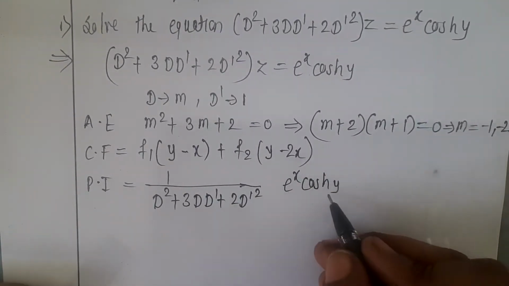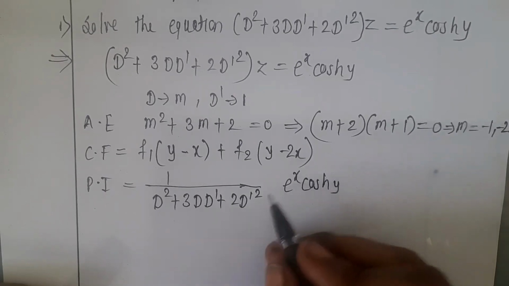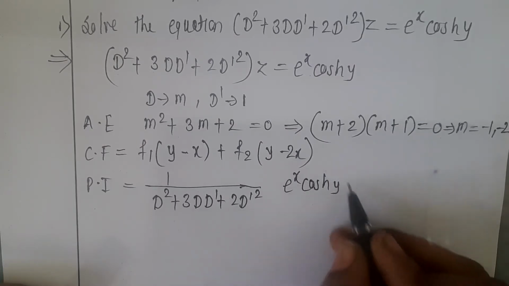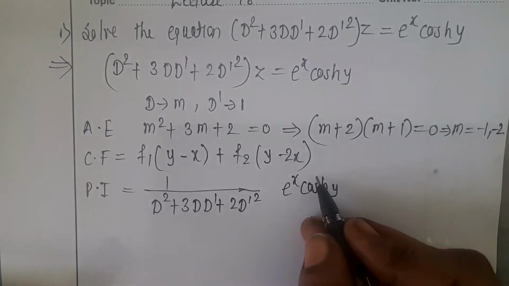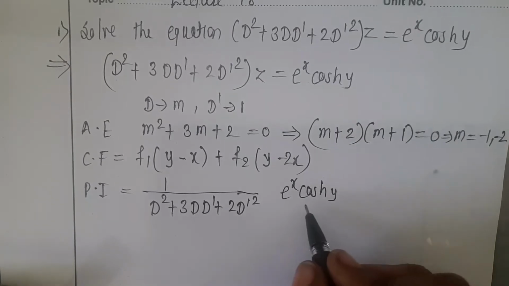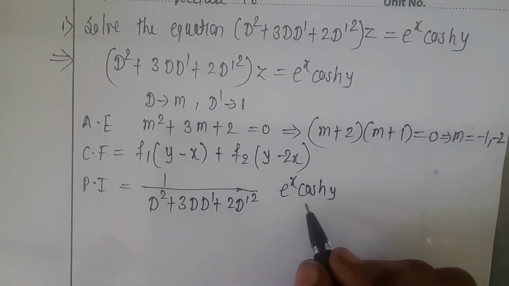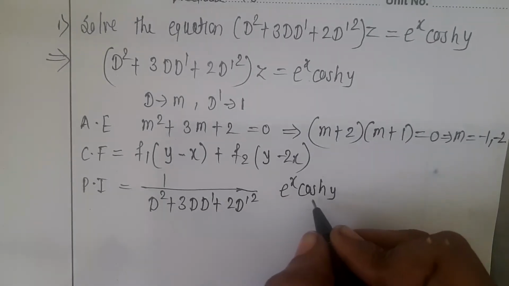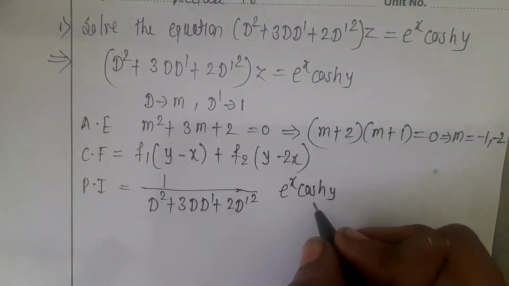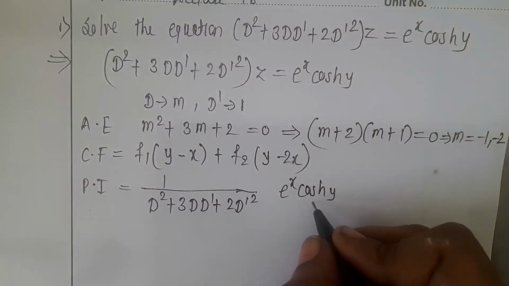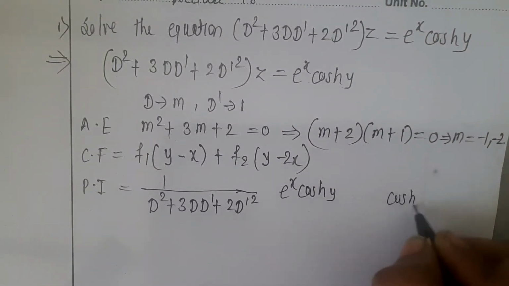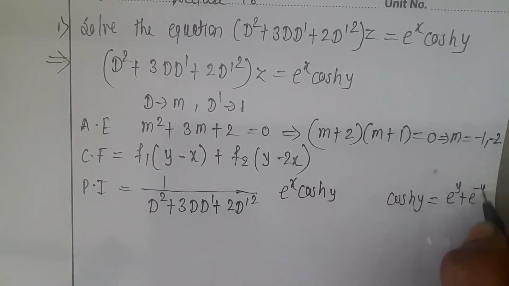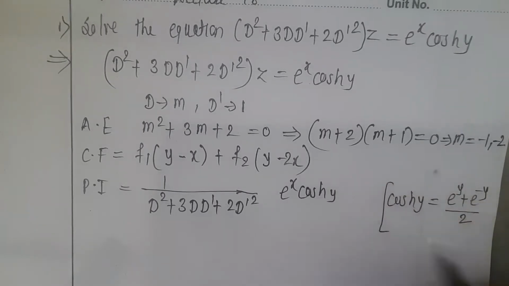First, exponential into some function, that case we have multiplication of two functions, but that phi of xy is for a trigonometric term or for a polynomial term, but here the trigonometric term is hyperbolic cosine. So for hyperbolic cosine we don't have any case, so that's why we first try to convert this into an exponential term. What is the formula for cos hy? Cos hy is equal to (e^y + e^-y) divided by 2. So use this formula here.